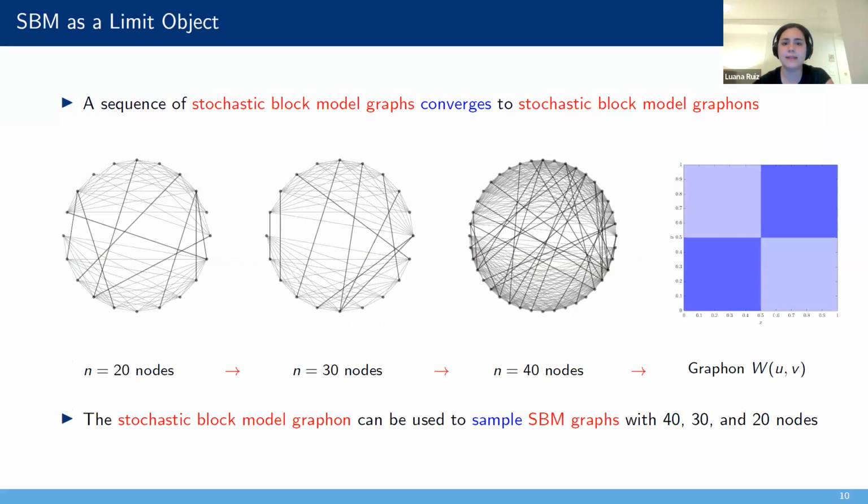And here on the slide, I just have as a simple example, a sequence of stochastic block model graphs on two communities converging to a stochastic block model graphon. If you look at this slide from left to right, but alternatively, you could also look at the slide from right to left, and you could imagine how you can use this graphon on the right to sample any one of the graphs on the left by first sampling points from the x-axis, and then evaluating the edges on the square.